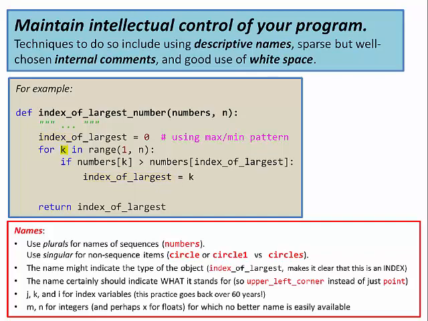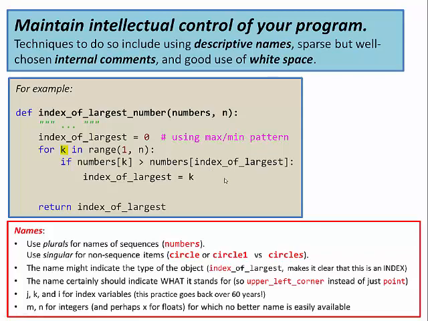Now, for some names, like an index variable of a loop, there is no particularly descriptive name, and so we fall back to a tradition that goes back over 60 years in the language Fortran, where such names were required. We use letters like I, J, K for the loop variables, for the index, for the variable that goes in a loop.